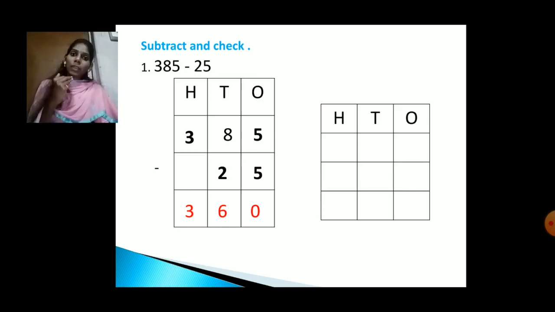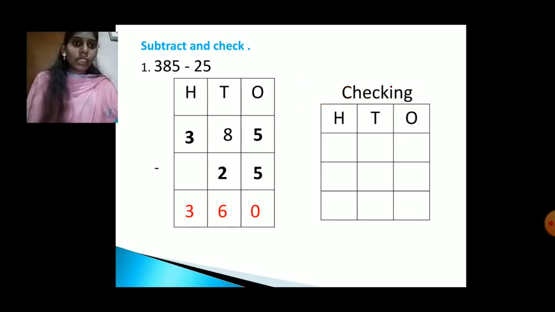If you will get bigger number, then our answer is correct or our answer is wrong if we will not get the bigger number. Right? It is very simple. So let's check whether our answer is correct or not. So first we will write difference. So 0 under the ones place, same 6 under the tens place and 3 under the 100 place.